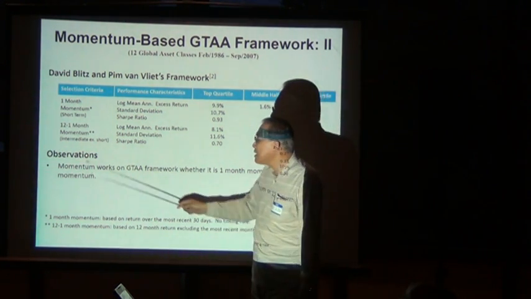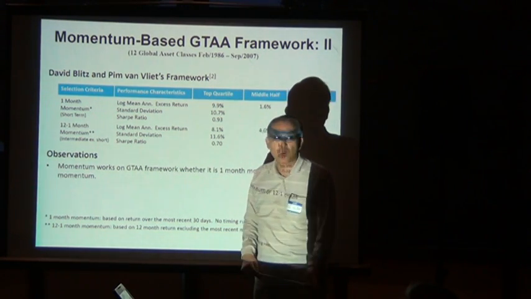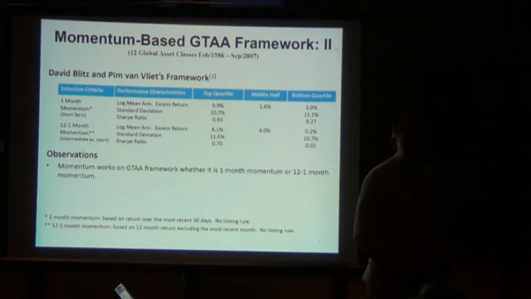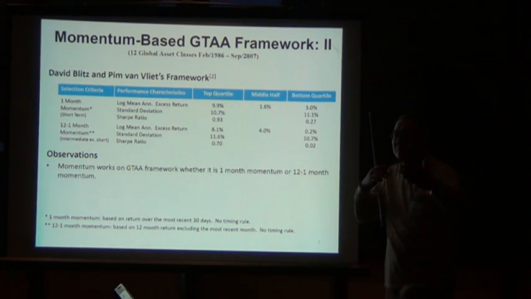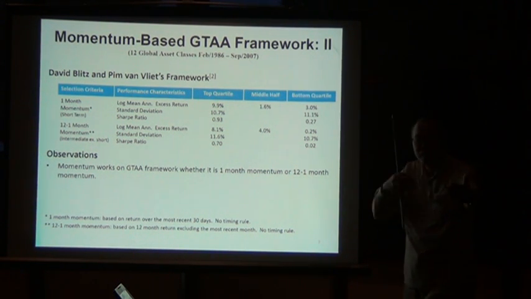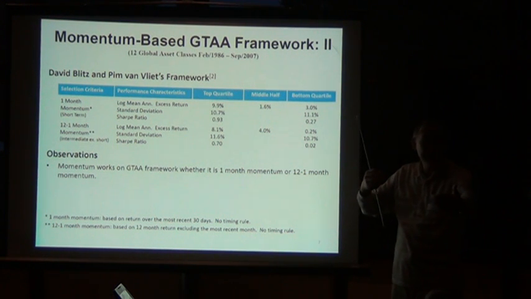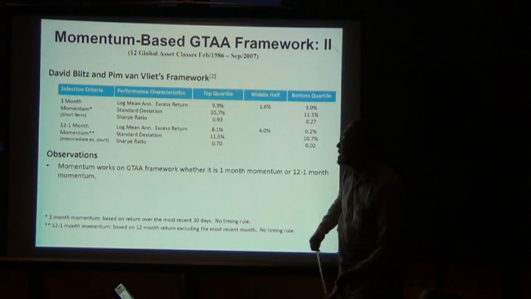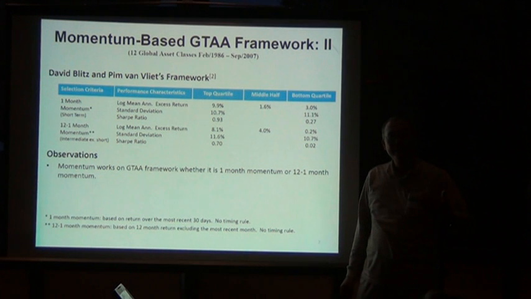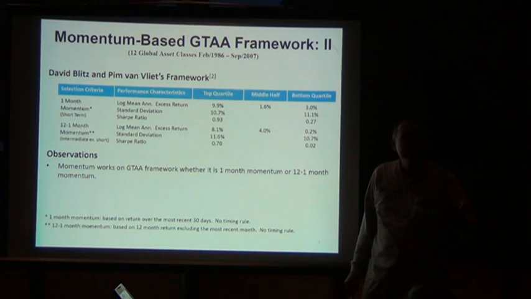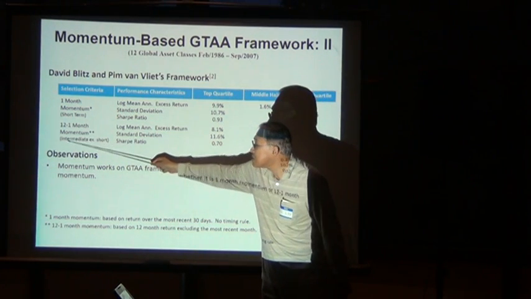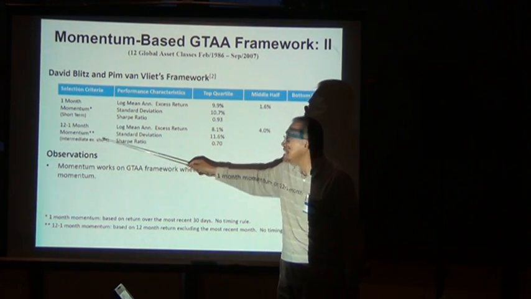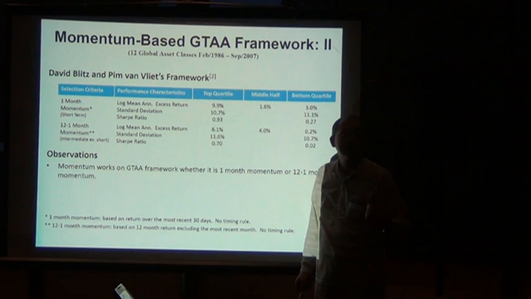He then used another momentum model called 12-1, which is 12 months ago up to 1 month ago. So it does not count the performance of the most recent month. It captures the intermediate-term trend, but exclusive of the short-term trend.